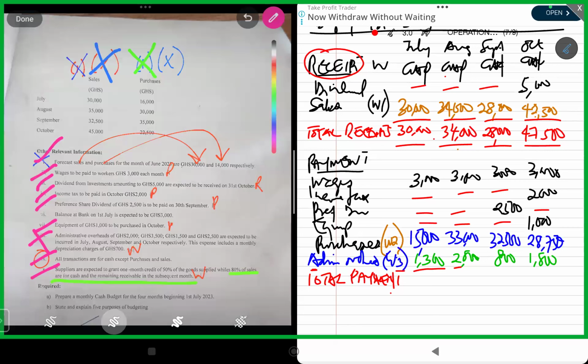Total payments. We'll add all the payments, all the monthly payments. So 3,000 plus 15,000 plus 1,300. What does it give us? 19,300.